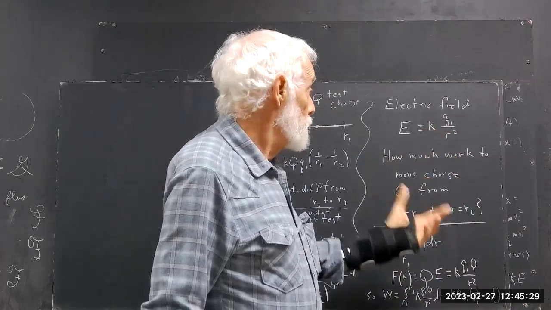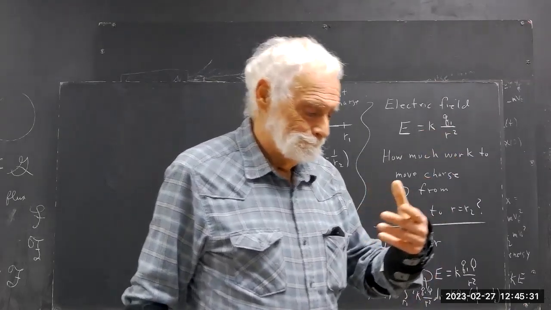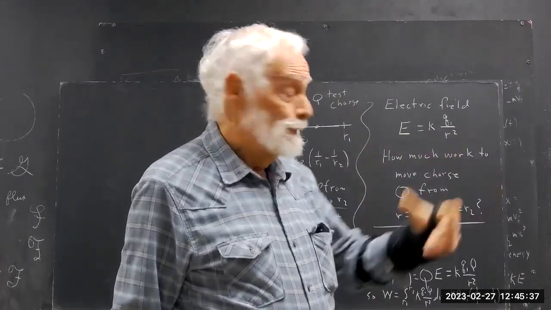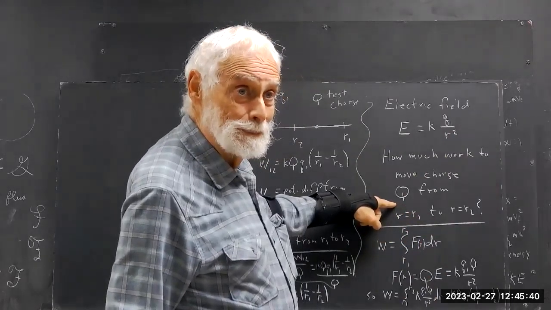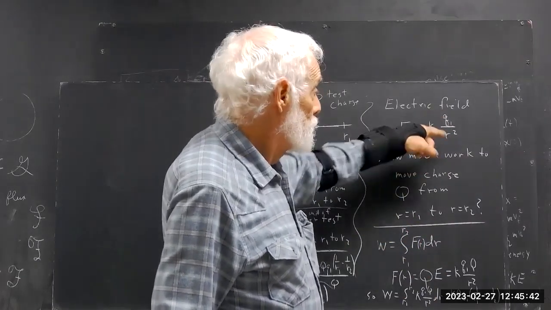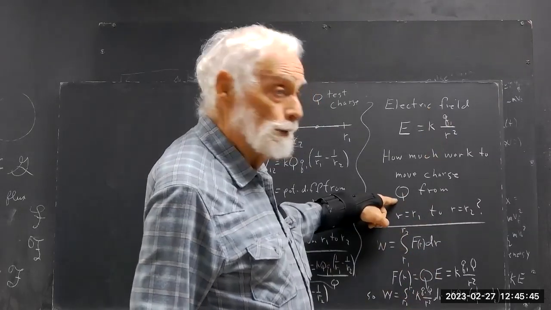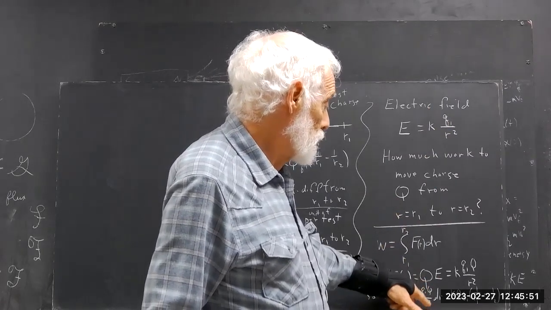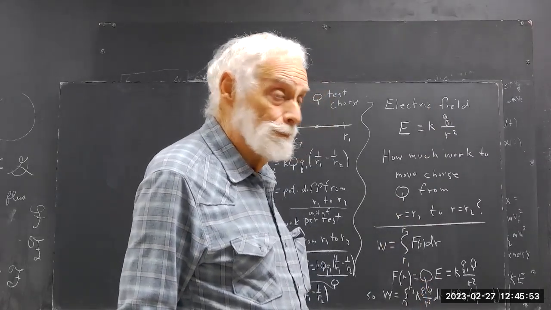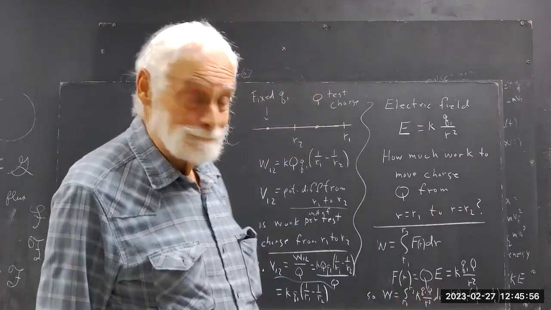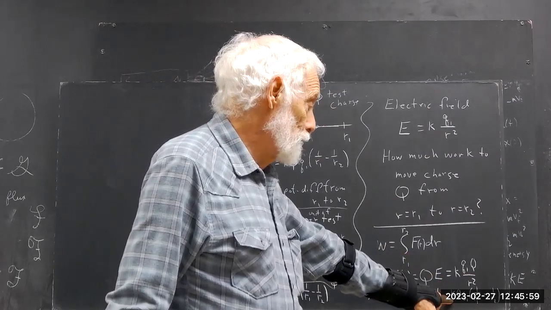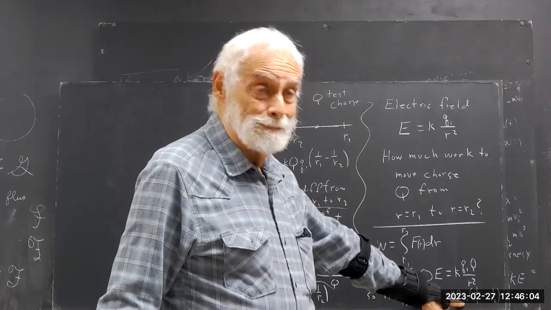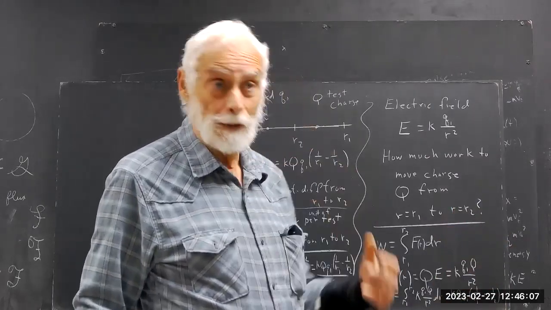For the gravitational potential energy of a given mass, you use m instead of Q. You have the gravitational pull of the Earth, with big G, big M, little m over R squared. It comes out the same. By analogy, you should have a good context for understanding this.